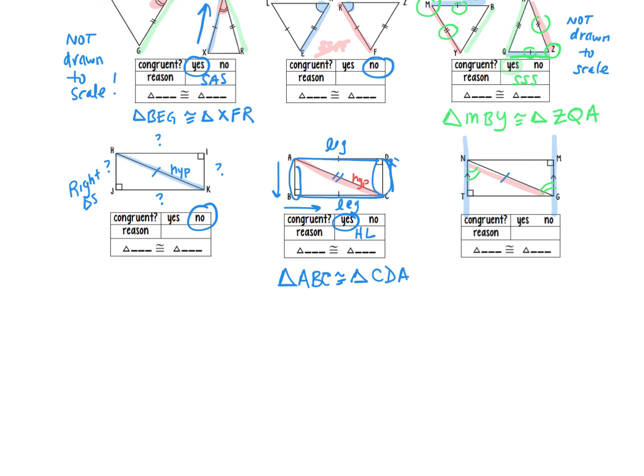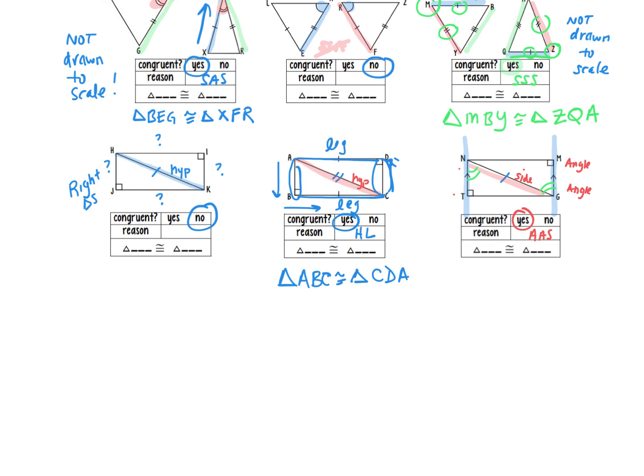So this is a little bit of a tricky one because it is right triangles, but we are going to have angle, angle, side. And again, that's congruent to angle, angle, side in the other triangle. So yes, they're congruent. The reason is angle, angle, side.